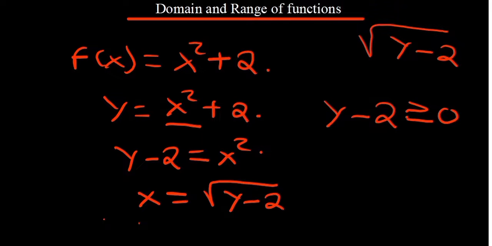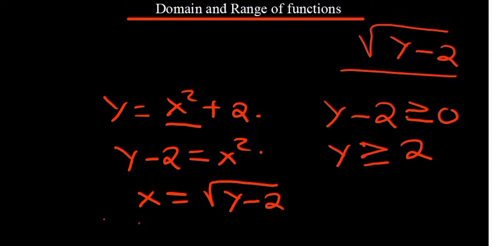That's what we want. So we are going to see that y is greater than or equal to 2. These are the values that we should expect to be under the square root for it to be defined. So how do you present it now as the range?